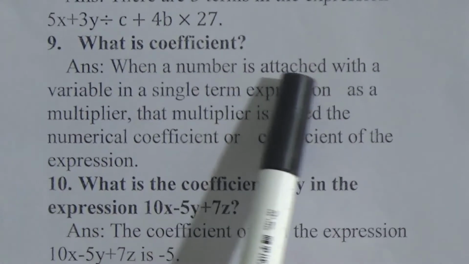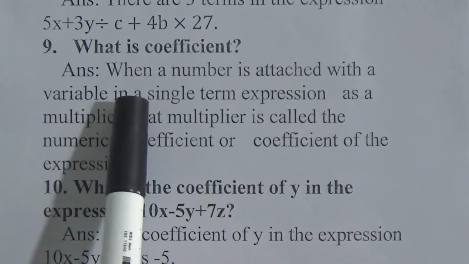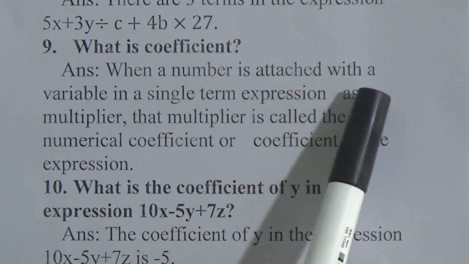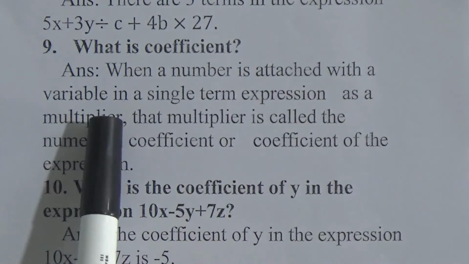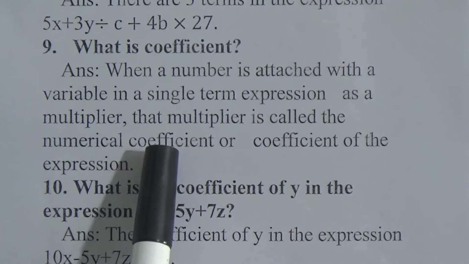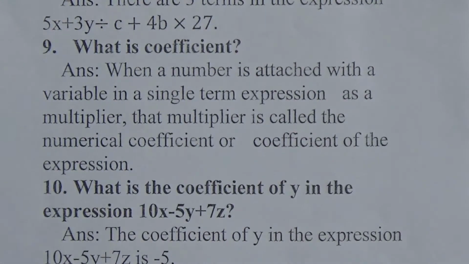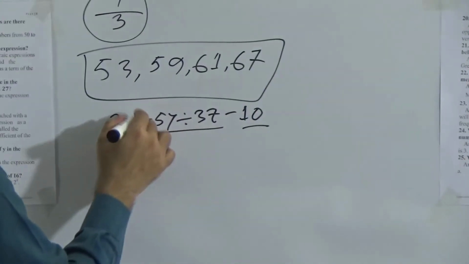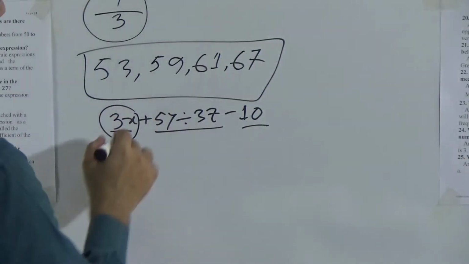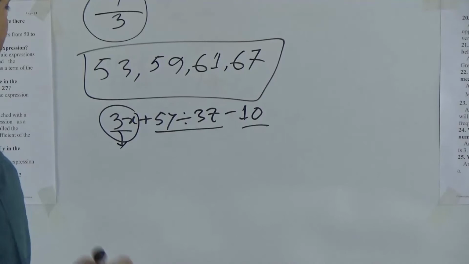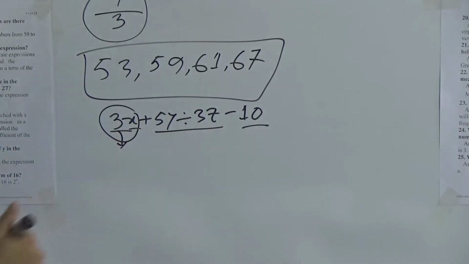When a number is attached with a variable in a single term expression as a multiplier, that multiplier is called the numerical coefficient or coefficient of the expression. Suppose here 3x is a term, 3 is the multiplier with the variable x.